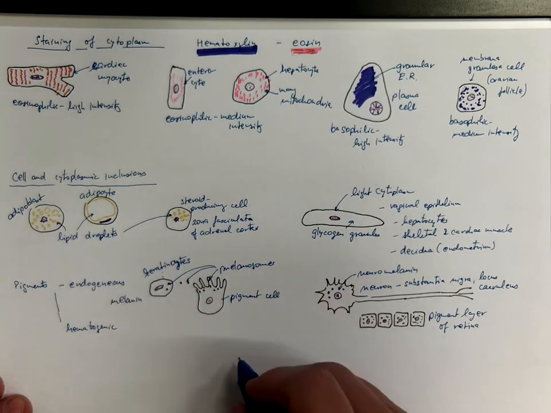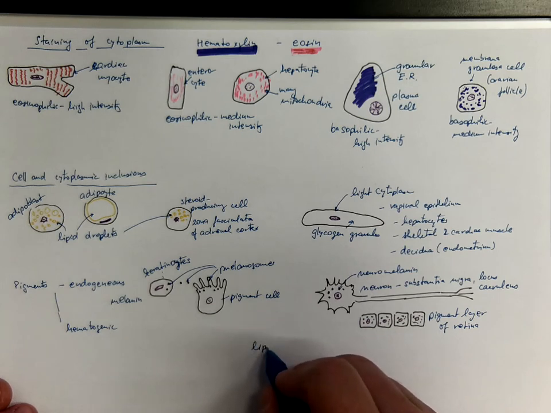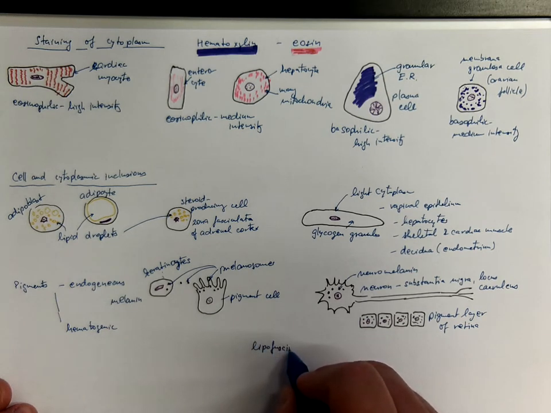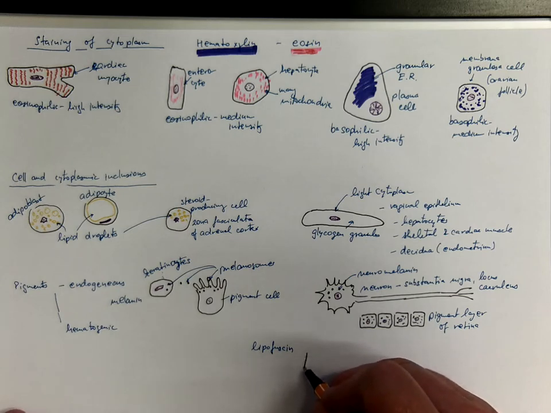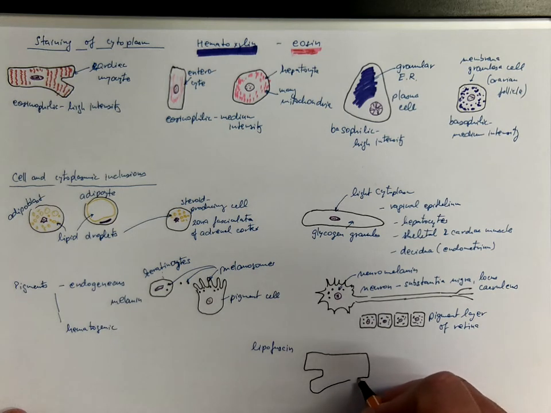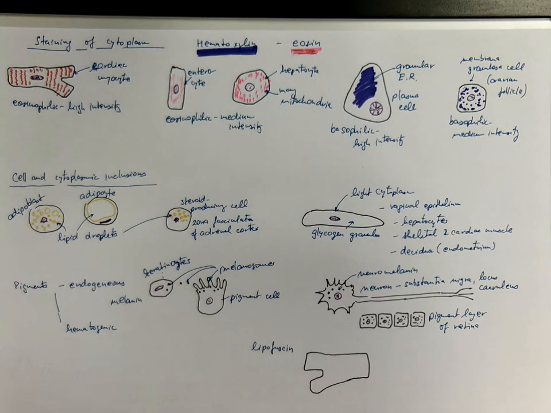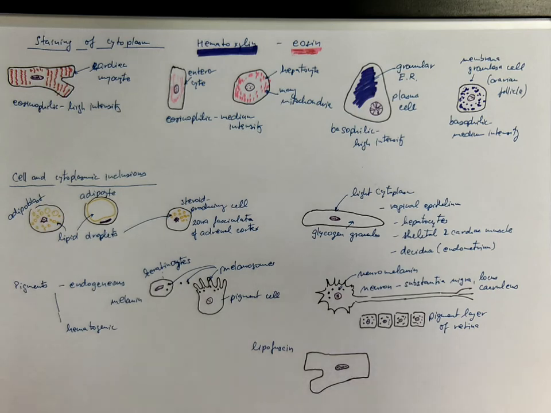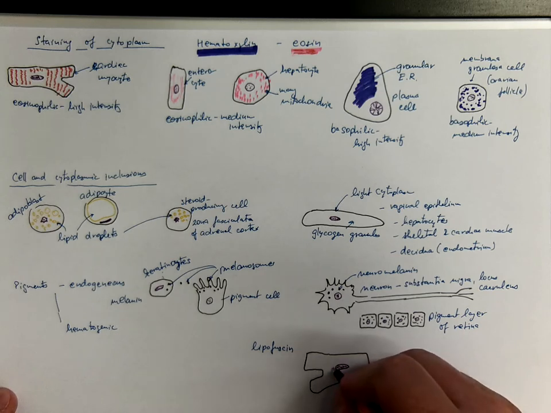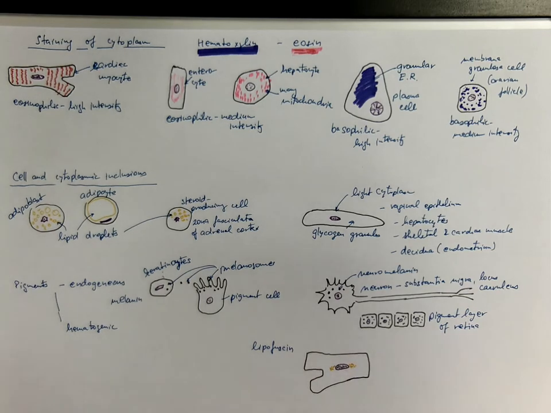Another pigment that occurs in the human body is called lipofuscin. It's a residual pigment that is accumulated in cells of elderly person. For example, in cardiac myocytes that are long-living cells, you can find on the poles of the cell nucleus such yellowish, yellow to brown granules. That's lipofuscin.